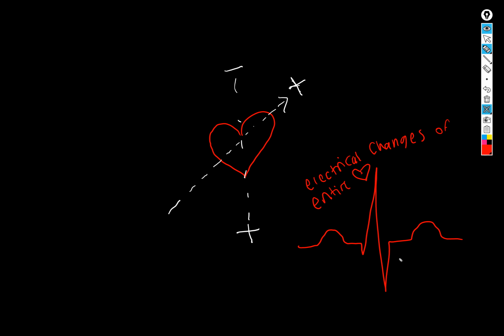So that accounts for the reason why you can't assume that the up part of this means depolarization. It doesn't, because it's concerning a different pair of electrodes. So that's the confusing bit.